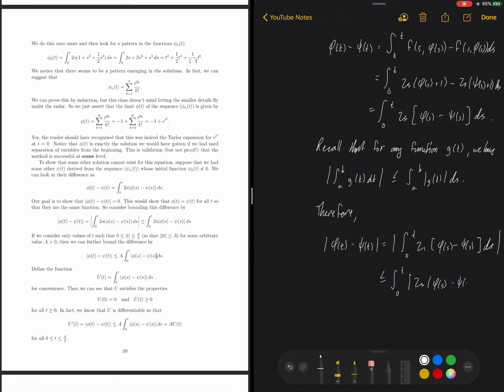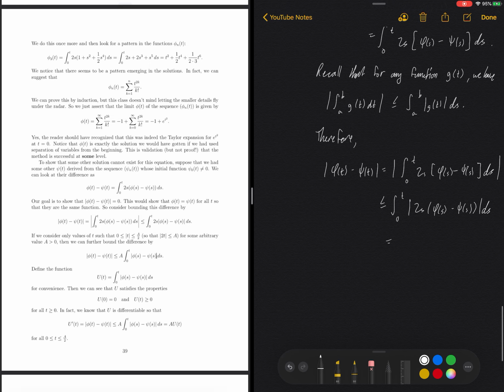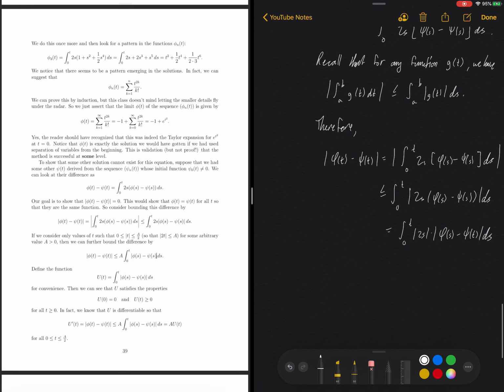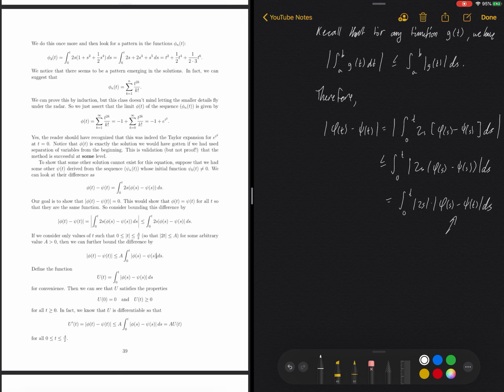But our integral is bounded now, or the absolute value of the integral is bounded by the integral of the absolute value. So 2s times phi of s minus psi of s, absolute value, ds. And this guy is equal to what happens when I split this guy across both pieces of the product. Not too shabby if I don't say so myself. That does give us a little bit of progress here.